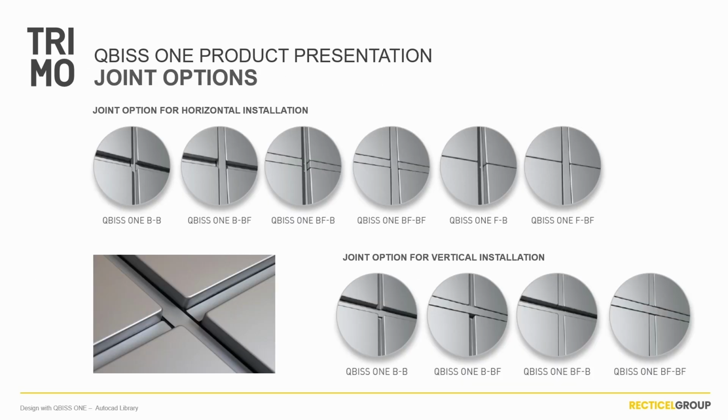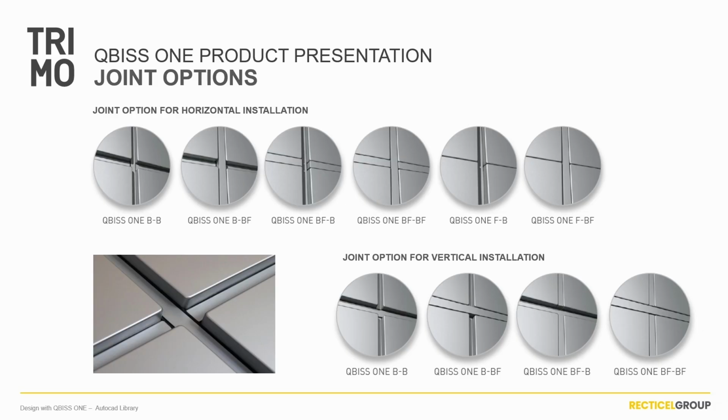The performance of qbiss1 facade elements relies heavily on the precision of its jointing system, which ensures structural stability and weather protection. Together, the longitudinal and transversal joints create a continuous sealed facade system that offers durability, weather resistance, and long-term performance while still maintaining the clean modular appearance of qbiss1.